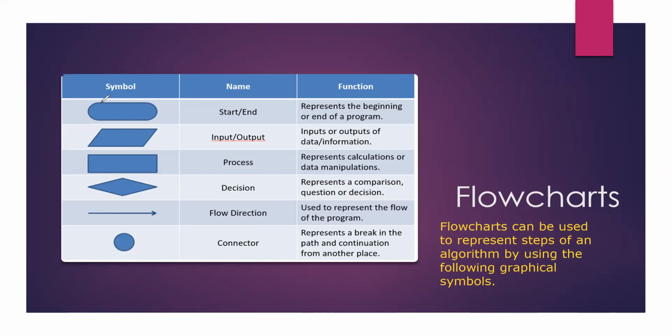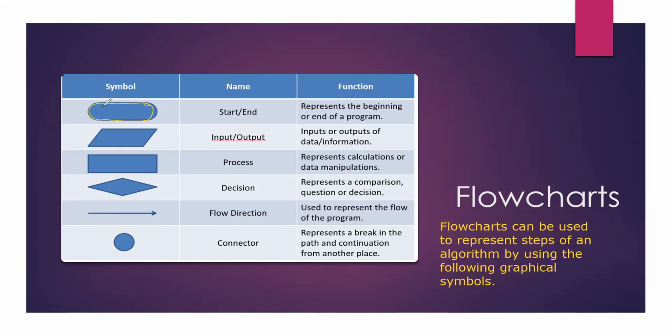The first symbol that we will use is normally an oval shape, although you can have two parallel lines with half circles. This indicates the start and end of an algorithm.